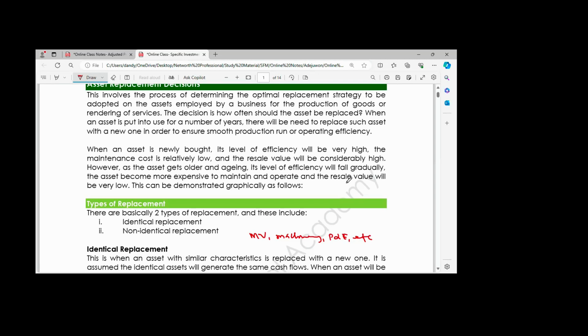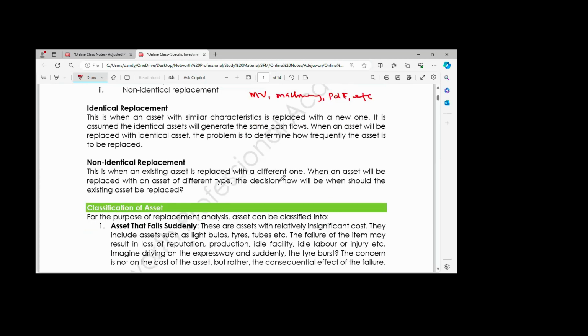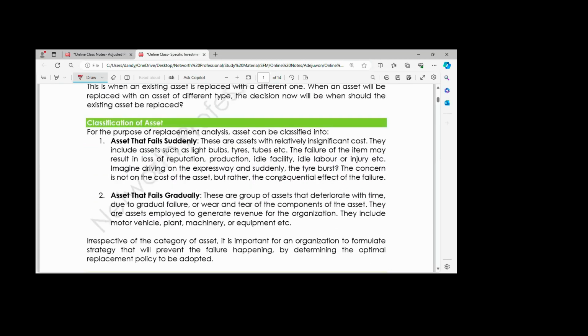All right? So what are the reasons for replacements? There are three key reasons for replacing an asset. One is age, two is operating efficiency, then three is technology. The first one, let's talk about age.